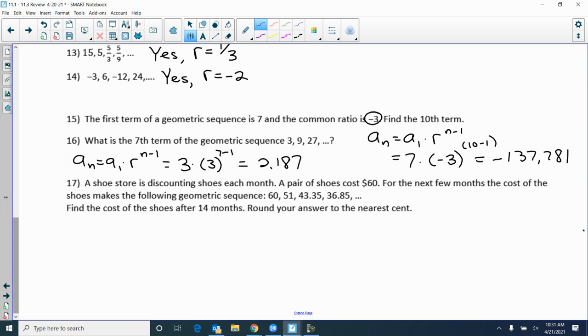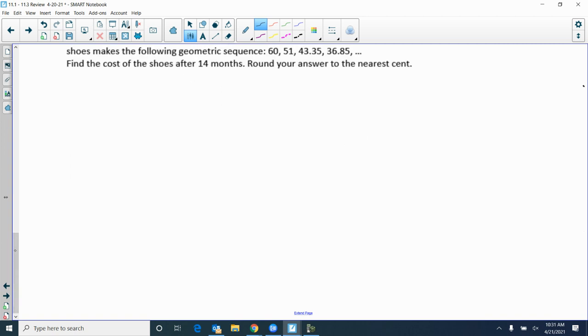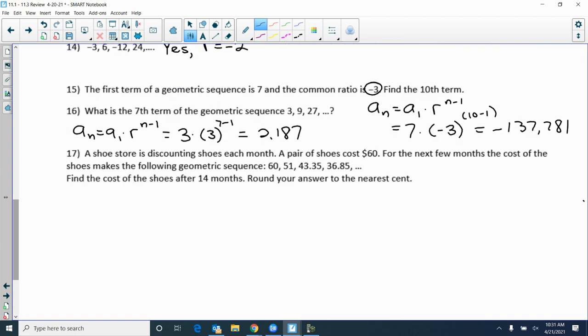Now this next one you got to watch because it doesn't tell you specifically whether it's geometric or arithmetic or what to do. And you were supposed to stop at 16, so everybody get these down as we move through the rest. The shoe store is discounting shoes each month. A pair of shoes costs $60. For the next few months, it makes the following geometric sequence: 60, 51, 43.35, 36.85.